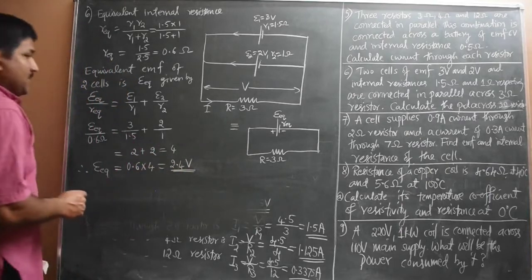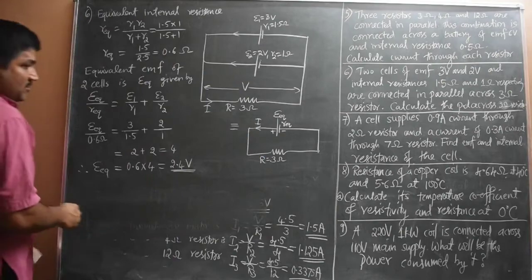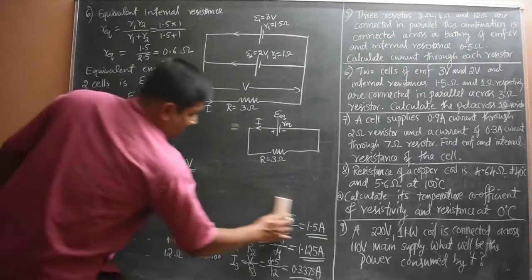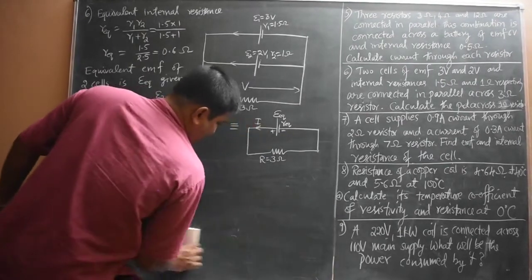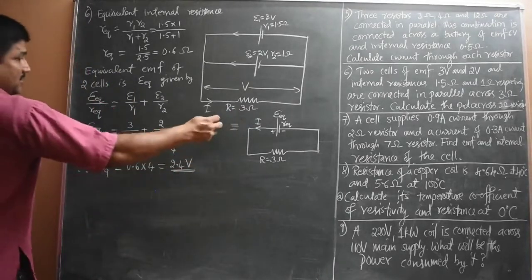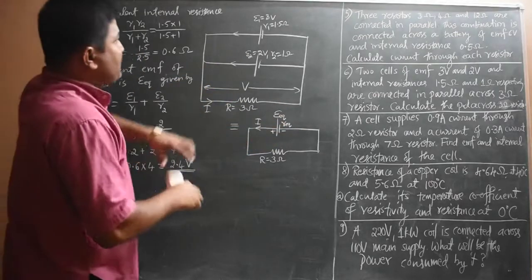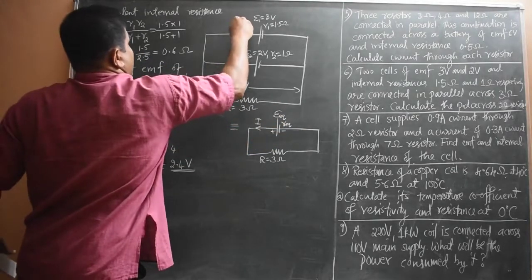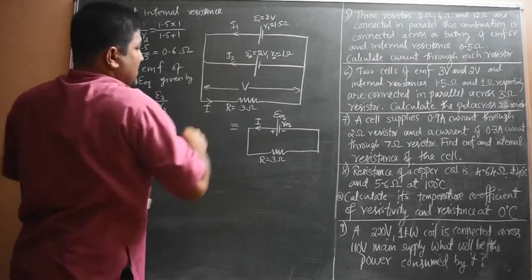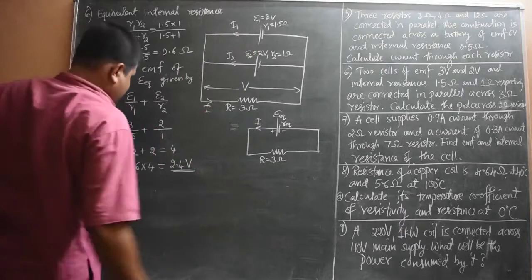Okay, now we got the equivalent EMF, we get the current I now. Using the expression for current drawn from a cell, we can get the current value drawn from the equivalent cell, not each cell. The cells may have currents I1 and I2, but the total current we get here because we consider the equivalent cell of the combination.